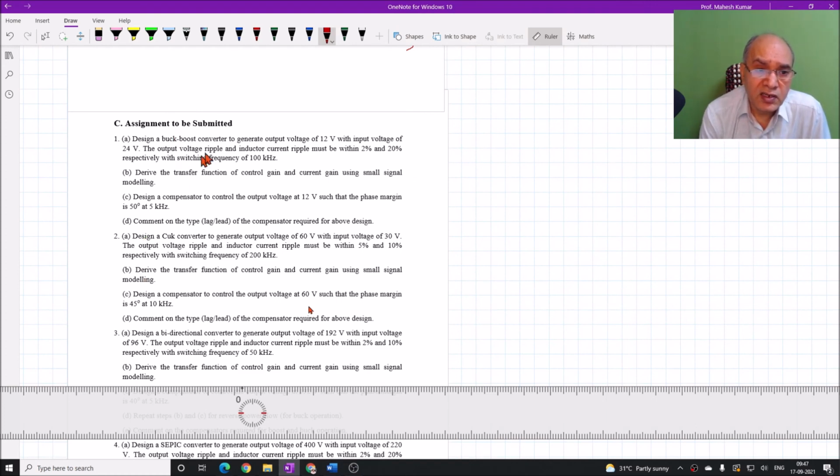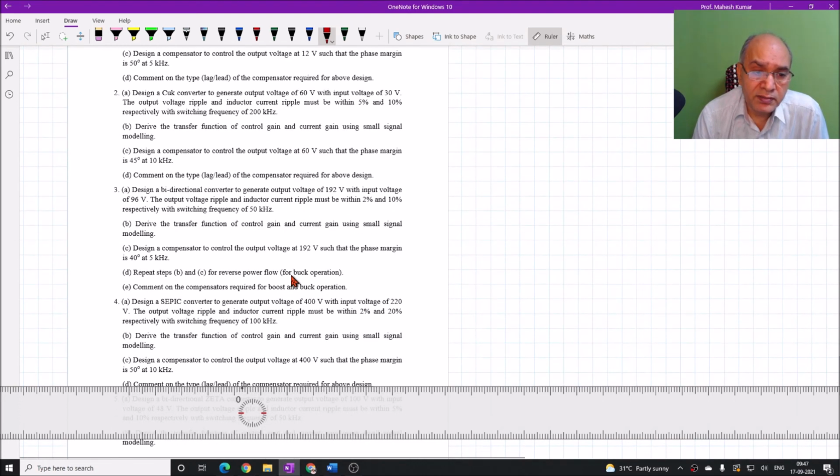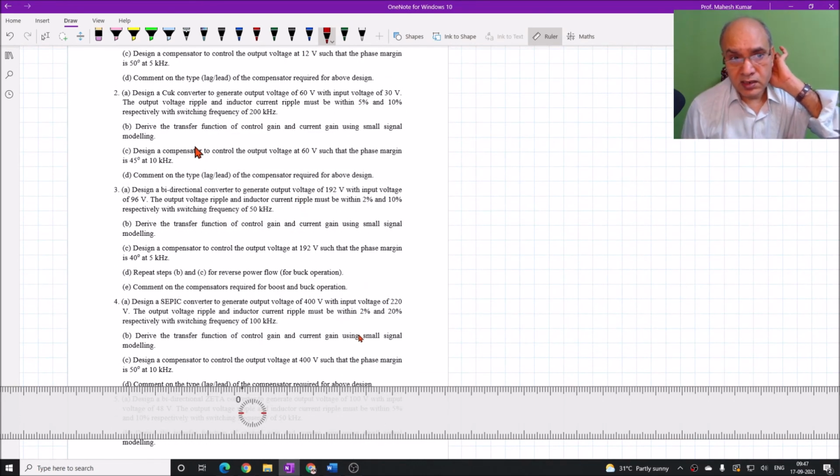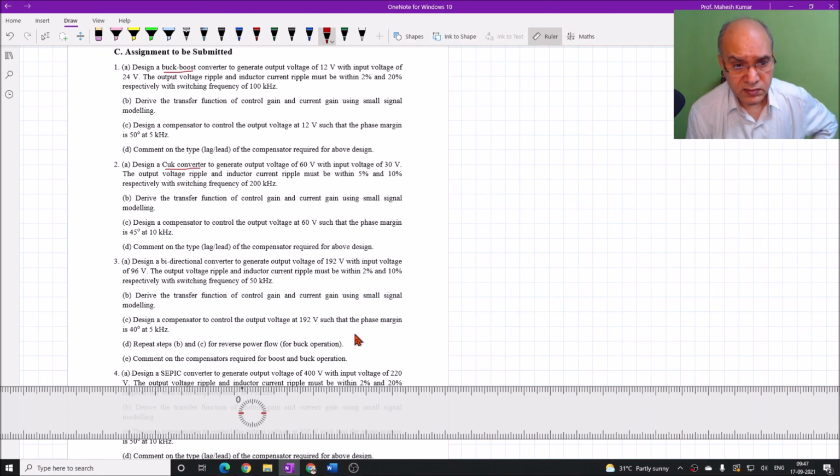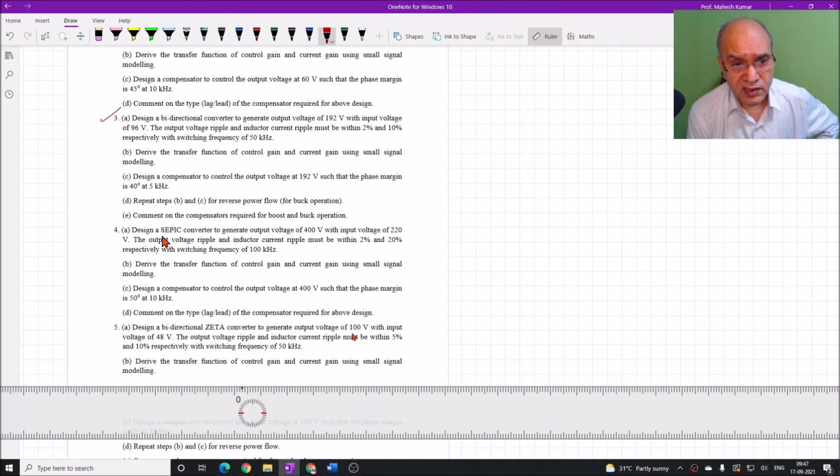Okay, here you have to go through them and you can choose any of them. So I have taken one is the basic buck-boost converter, then Cuk converter, then bidirectional converter, third, and then there is a SEPIC converter, then there is Zeta converter.